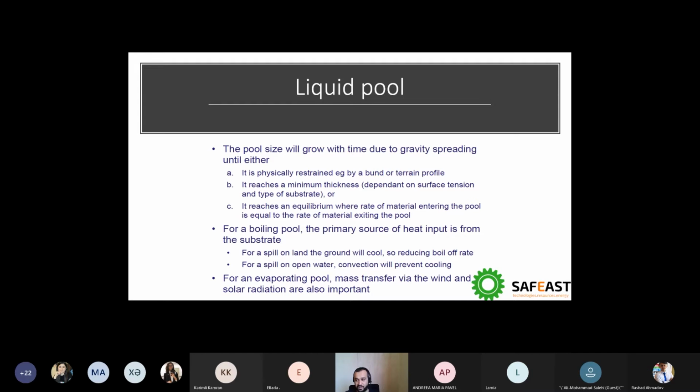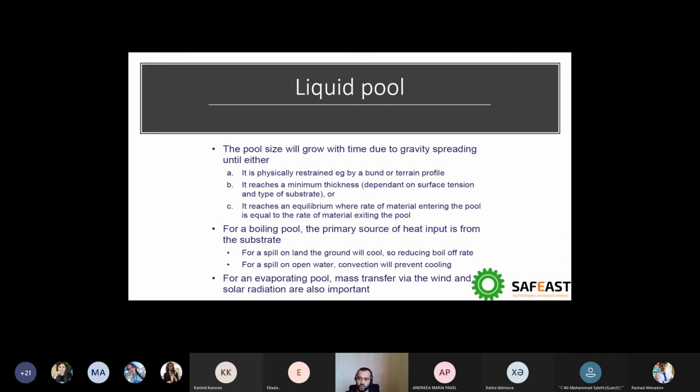It will grow until you have got a physical restriction. For example, when you have got a storage tank, you usually put a bund around it. When the pool reaches this physical restriction, it cannot expand further. Or sometimes if it's an unconfined pool, it reaches the minimum thickness, so due to surface tension it cannot extend further.